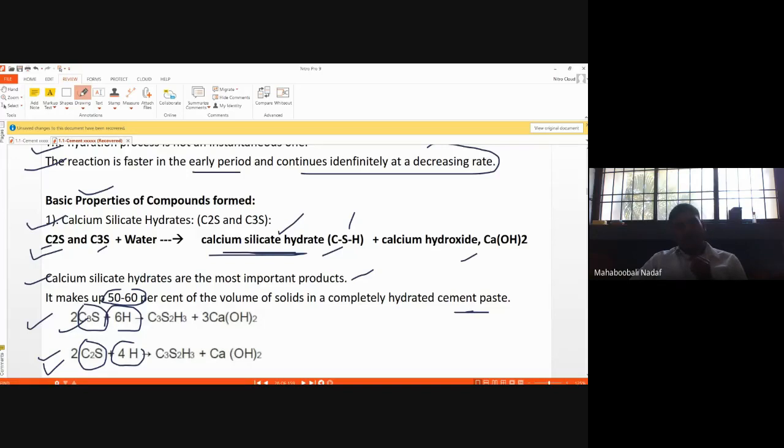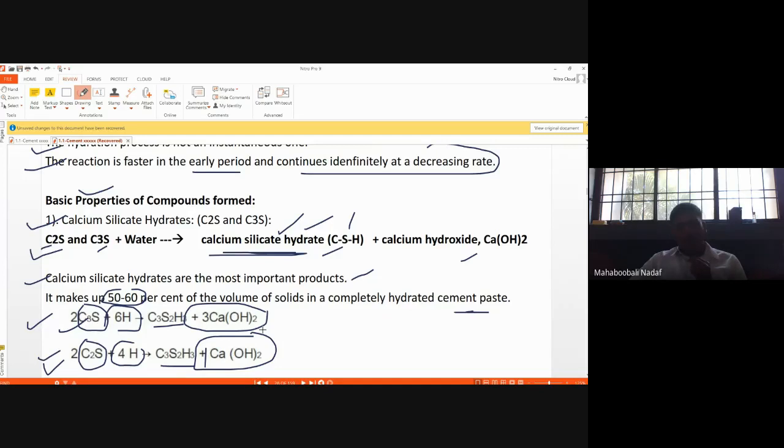Okay, another comparison. This is also gel, CSH, calcium silicate hydrate gel. It is also giving gel. See here, calcium hydroxide 3 molecules. Here, calcium hydroxide 1 molecule. We have understood, no? Calcium hydroxide is not good for concrete.